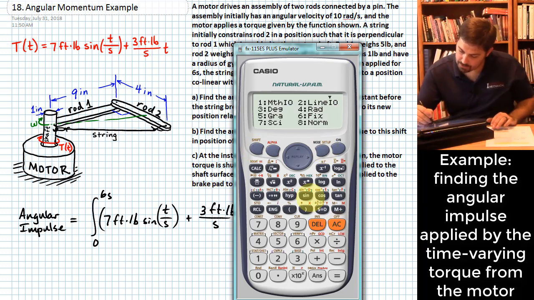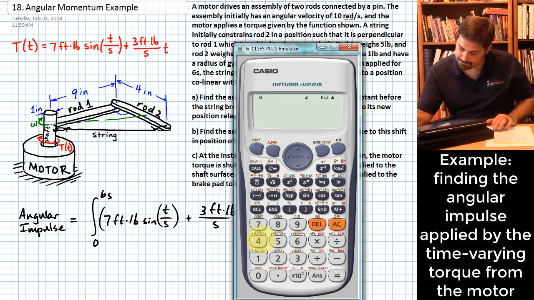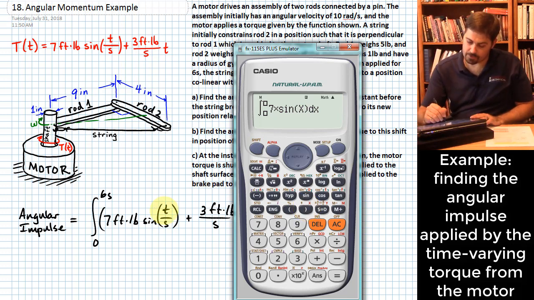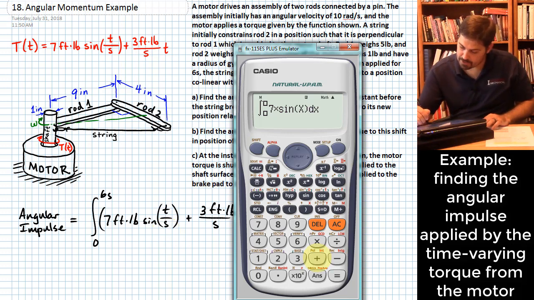So I'm going to put this into radian mode, and then we'll punch this in. 7 times the sine of x. The over seconds just handles the units, so that part doesn't need to be dealt with specially.